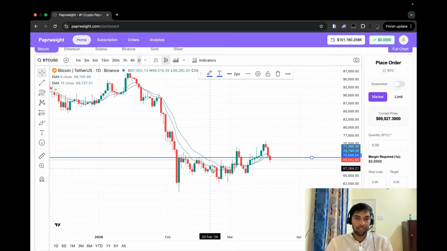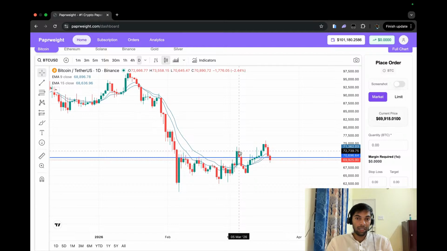Then it surpassed the zone at this area on 4th March 2026 and failed miserably and went down after trapping all the buyers. Then it slowly went up again and reached the previous point where the fall started earlier, and it took a huge rejection from here.